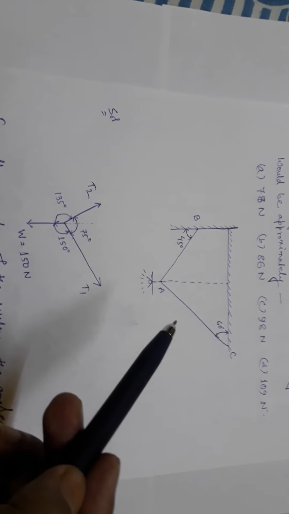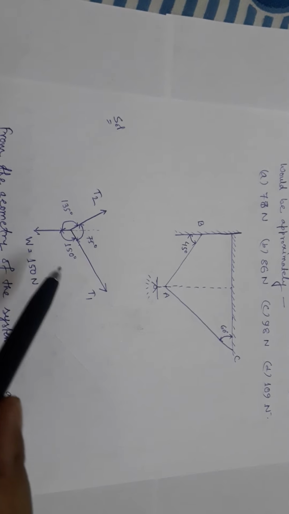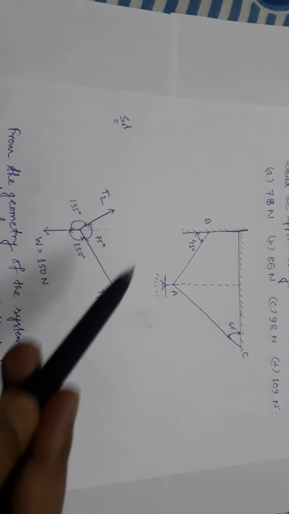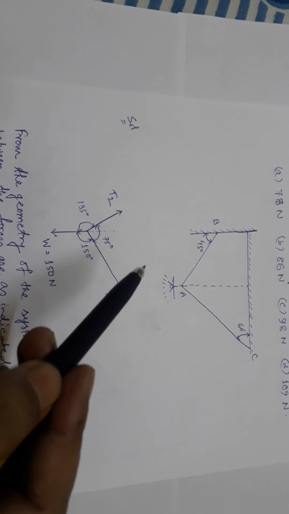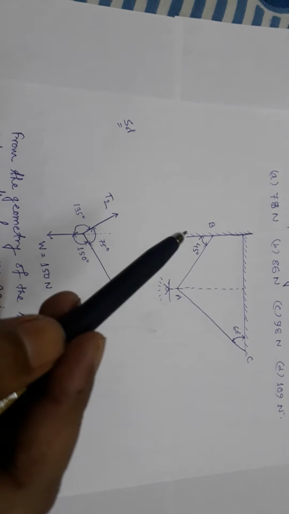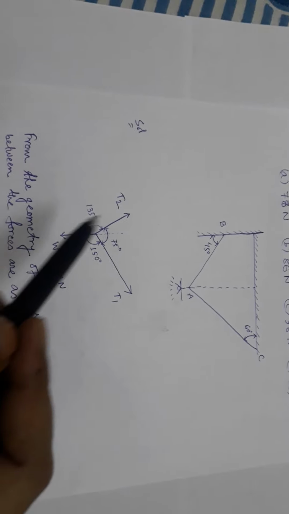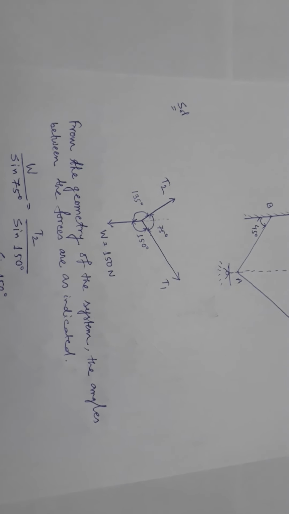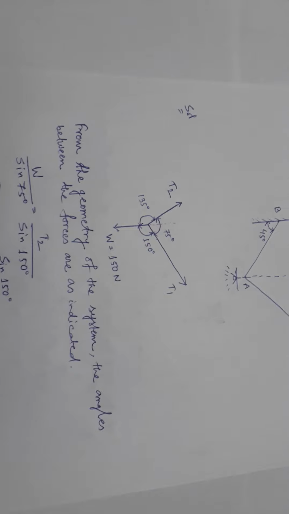From this main diagram, you have to draw a free body diagram. Let's look at the free body diagram for calculating all the angles. From the geometry of the system, the angles between the forces are as indicated.